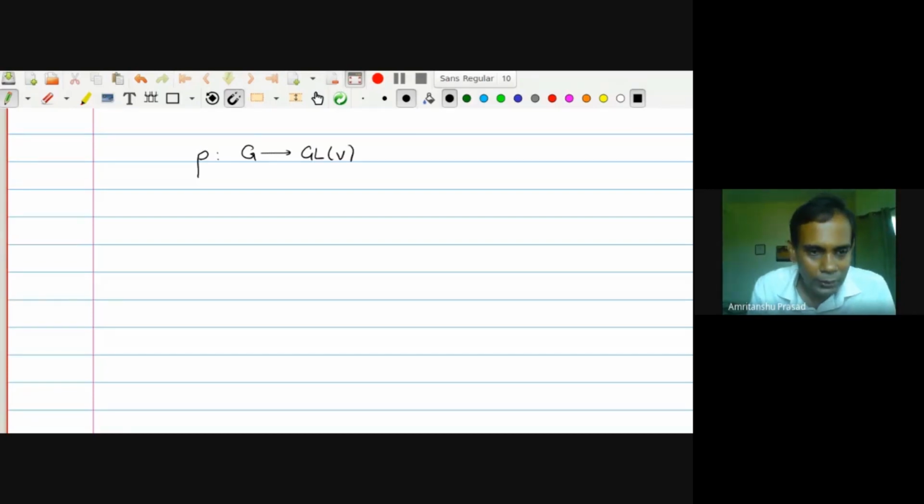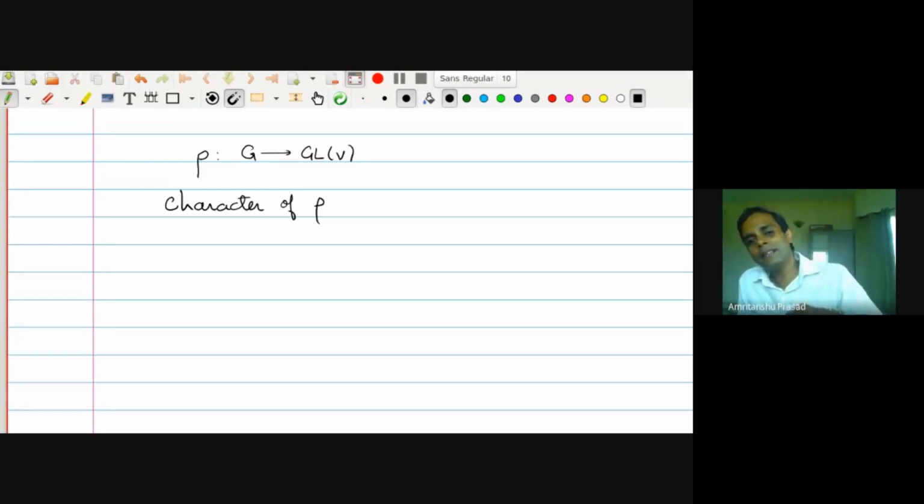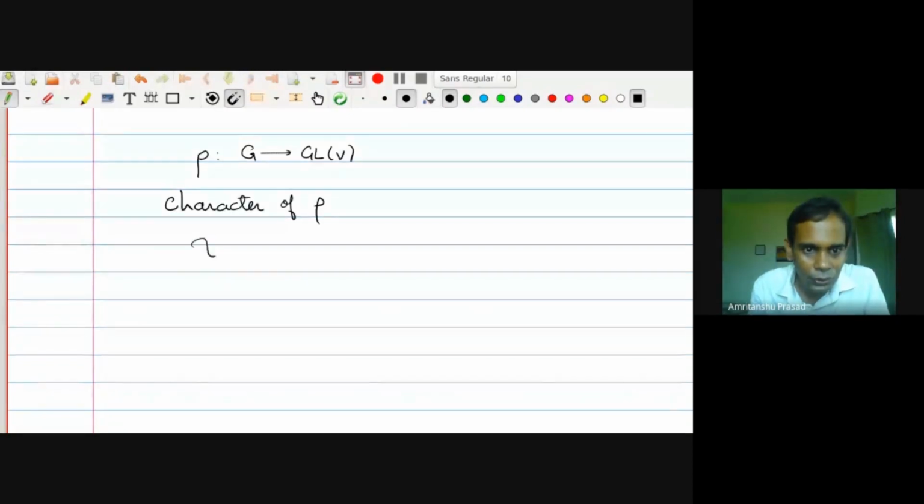Then we'll talk about the character of ρ. This is something simpler than the representation itself, but it turns out that it carries all the information that you need about the representation. The character of ρ is usually denoted by the Greek letter χ, and I'll put ρ here to signify that it's the character of ρ.